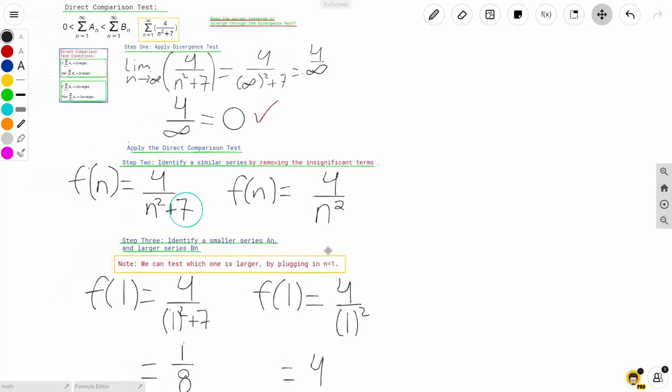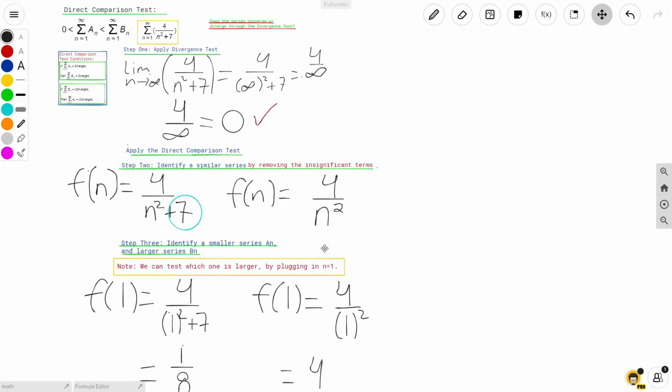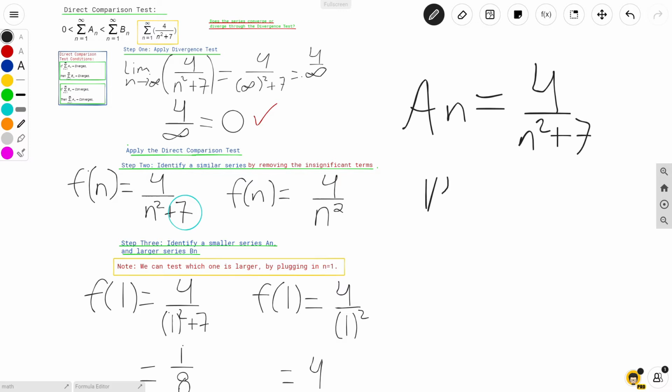So now that we have that, we know a sub n is equal to the smaller function, which is 4 divided by n squared plus 7, and the larger function b sub n is equal to 4 over n squared.